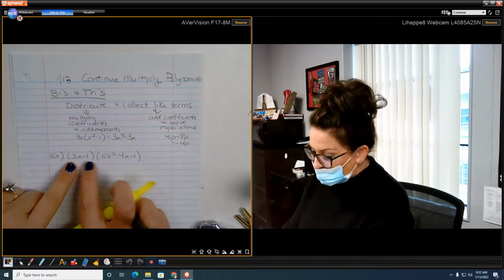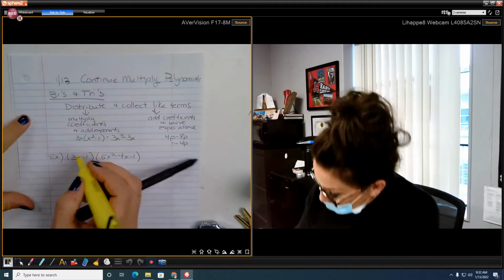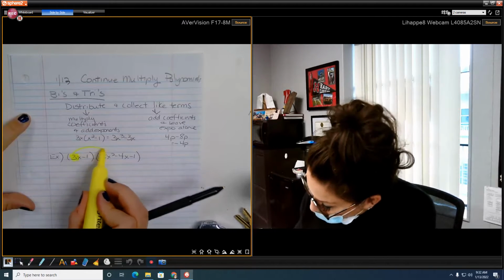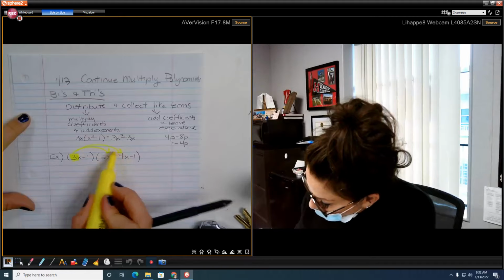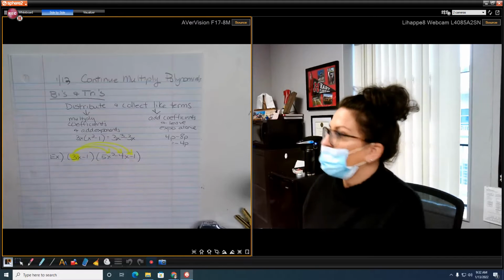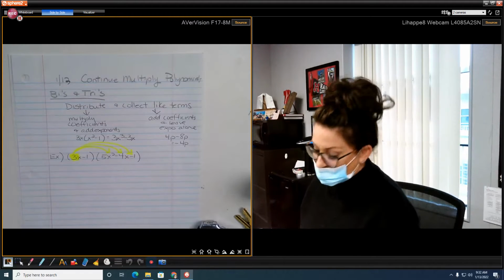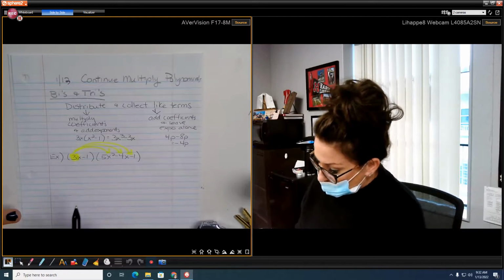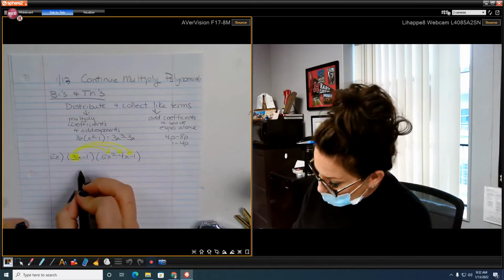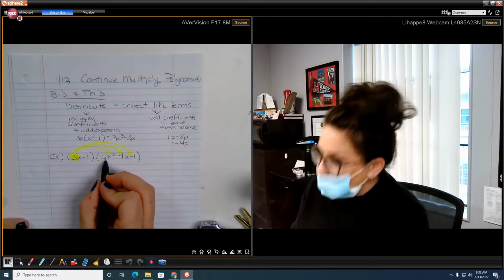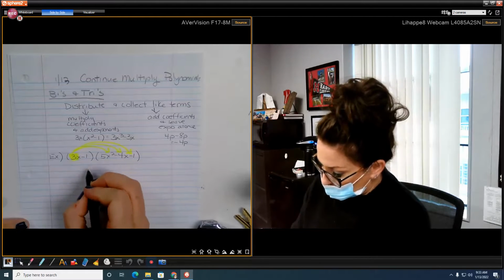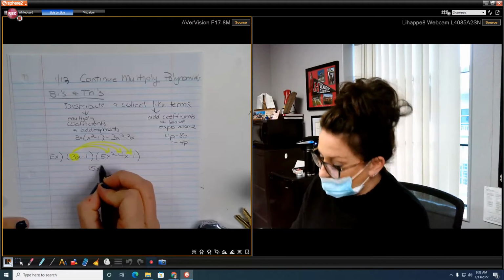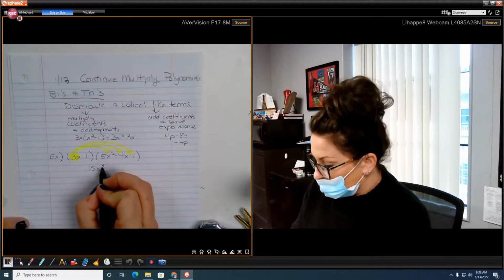So if I have a binomial times a trinomial, I'm going to take the 3x, and I'm going to distribute the 3x to the other three terms. And because I'm distributing, I'm doing the same rules, multiplying the coefficients and adding the exponent. 3x and 5x squared is what? 15x to the 3.